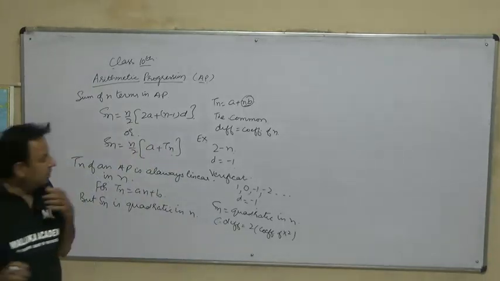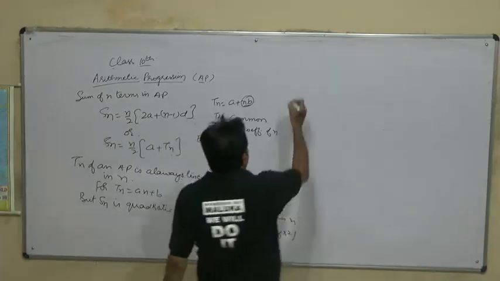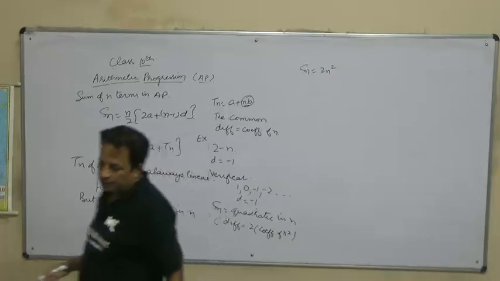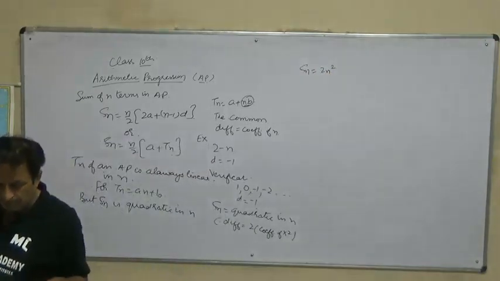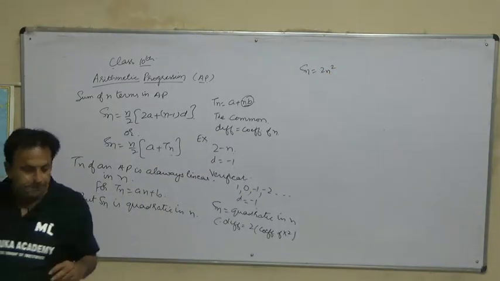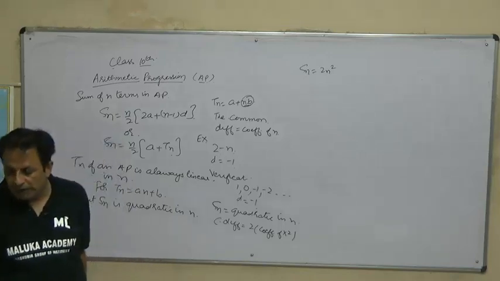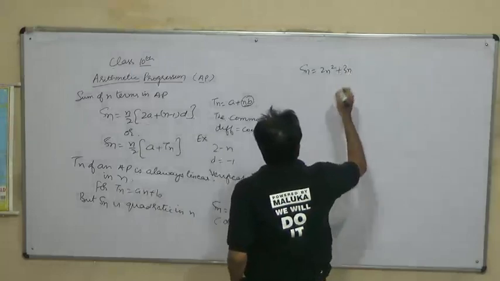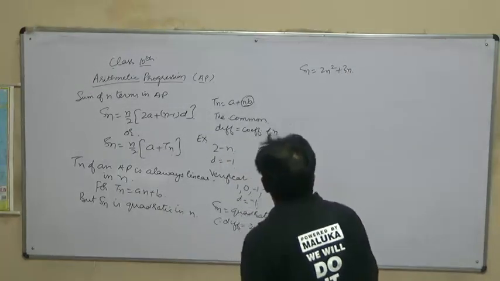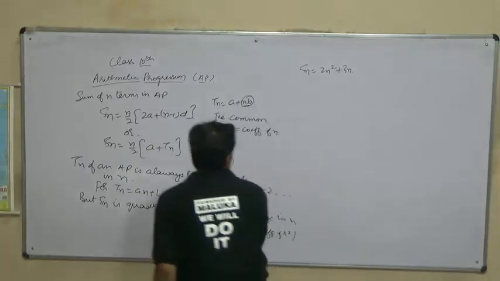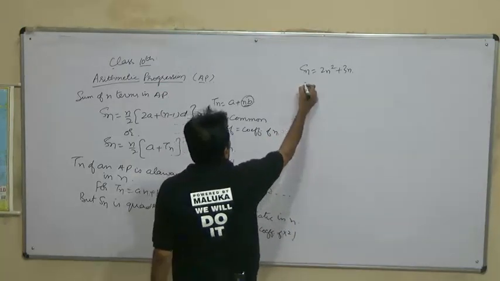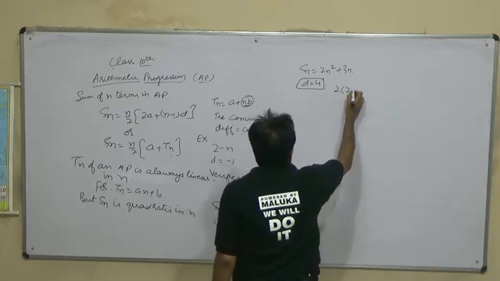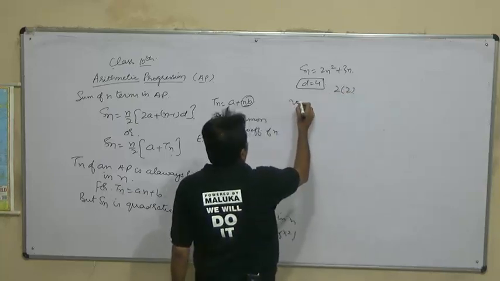For example, we have Sn given as 2n square plus 3n, and you want to find the difference. That will be given by twice the coefficient of n square, so d will be equal to 4 here. So we have to check twice into 2. Verification we can do.